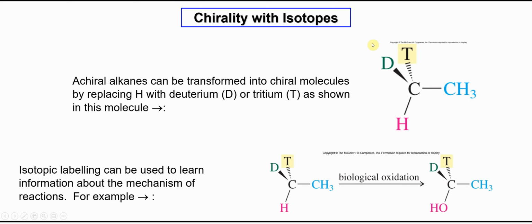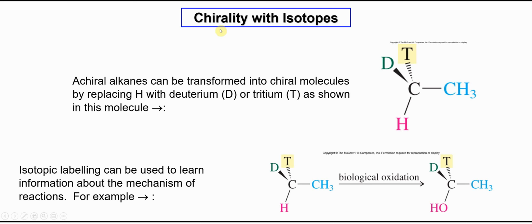If you have a molecule such as methane, 2 hydrogens can be replaced by 2 isotopes of hydrogen, such as one hydrogen replaced by deuterium D, another hydrogen replaced by tritium T. Therefore, this molecule is also considered a chiral molecule.